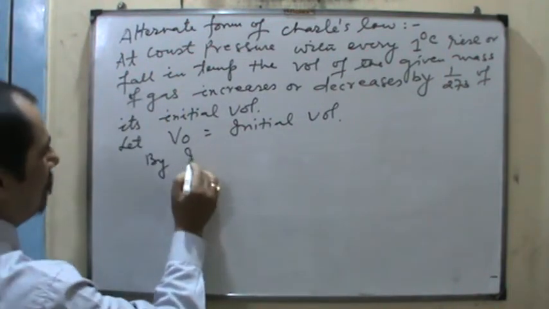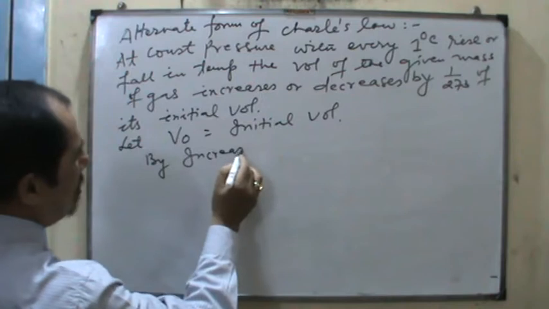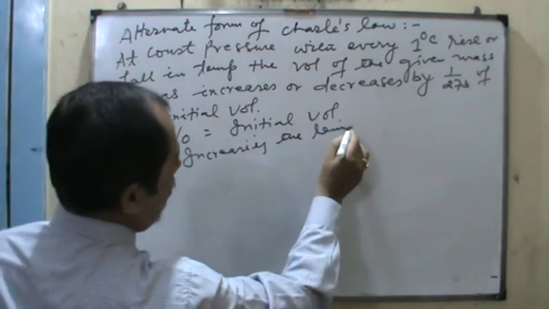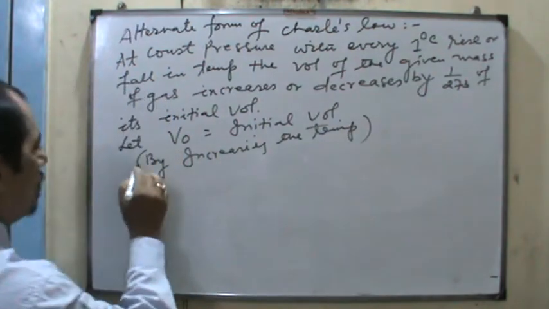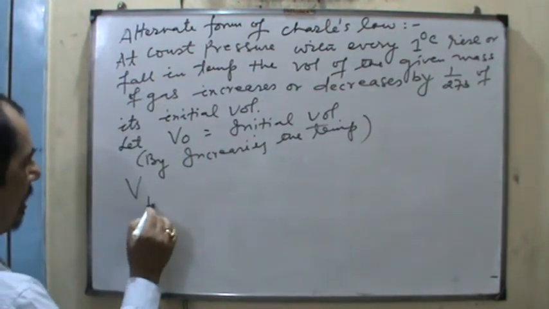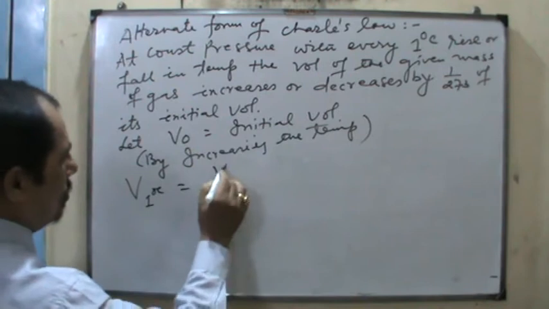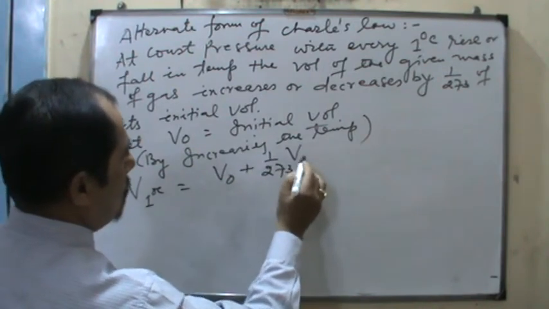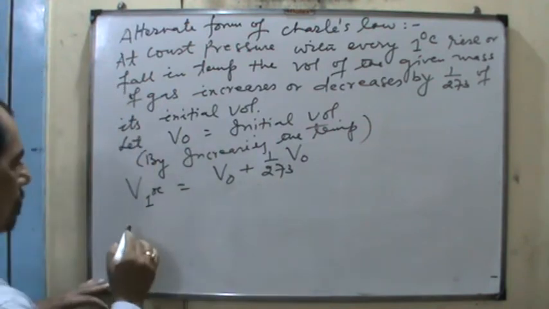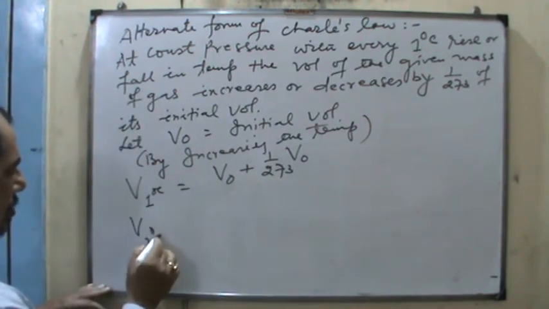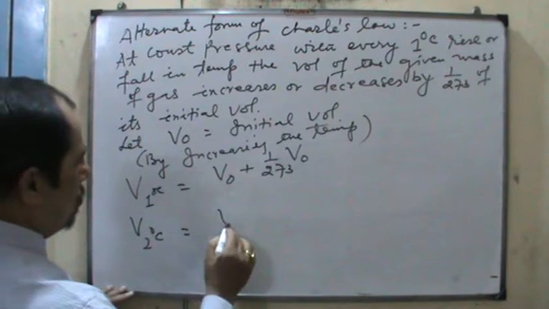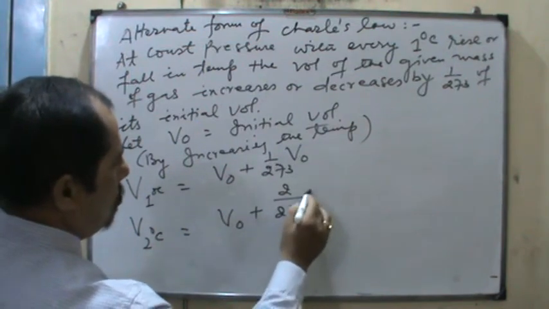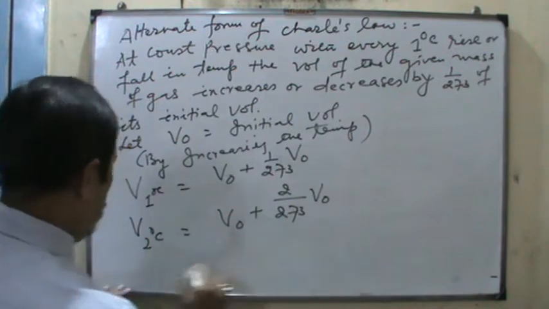Take the two conditions. By increasing the temperature, V at 1 degree Celsius is equal to V0 plus 1 upon 273 into V0. V at 2 degrees Celsius is equal to V0 plus 2 upon 273 into V0.